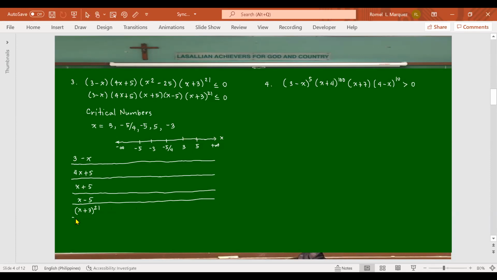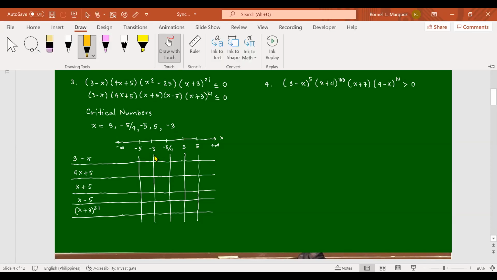I put lines so that we can clearly see the signs where they belong. Let's now identify where it is 0.